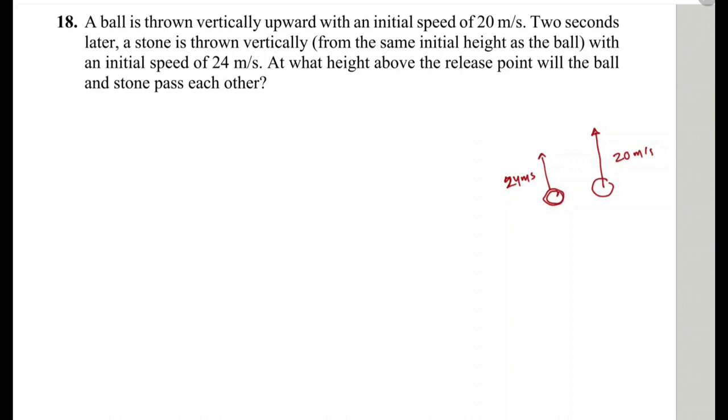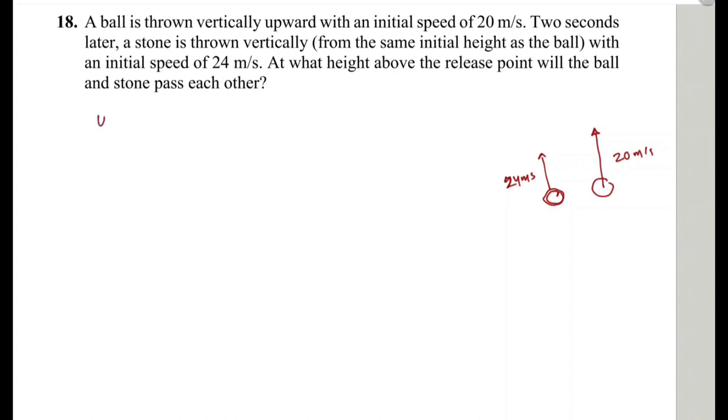Now at what height above the release point will the ball and stone pass each other? The simple answer for this situation is when the ball and the stone both have the same height. So let's calculate the height for the stone and the height for the ball as well and see.